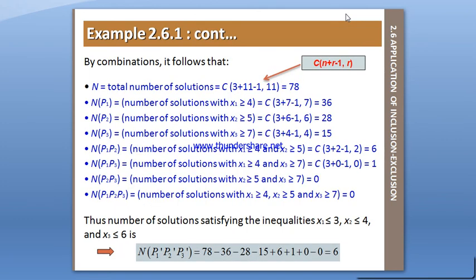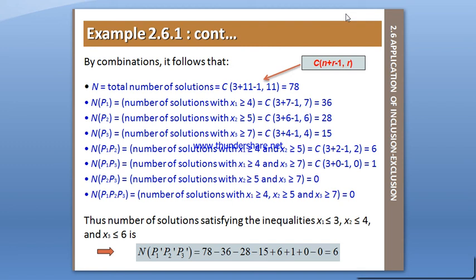Calculating the corresponding values of n of P1 and so on, we have n equal to the number of solutions, C of 3 plus 11 minus 1 comma 11, using the formula C of n plus r minus 1 comma r, which gives the value 78.